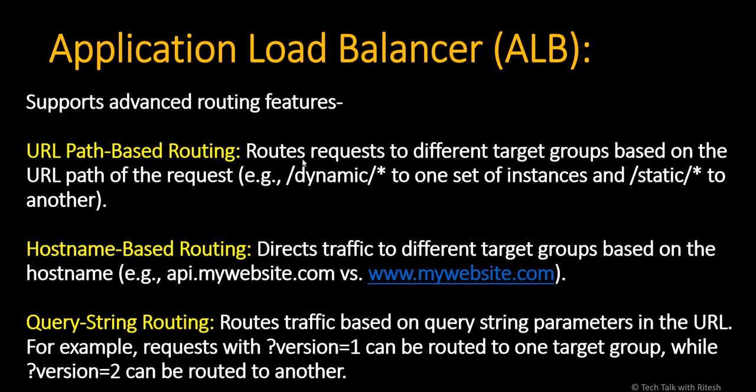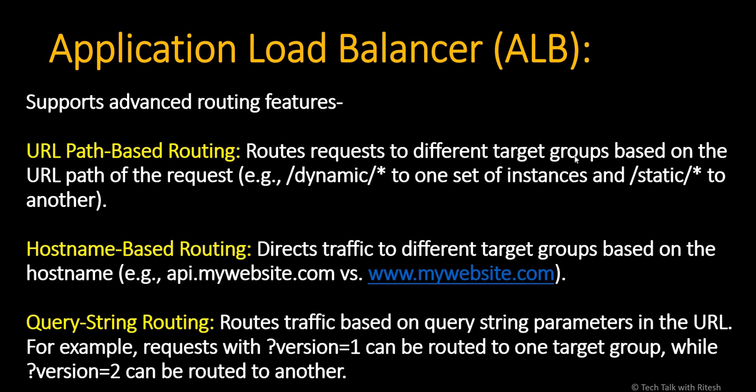So URL path based routing routes request to different target group based on the URL path of the request. For example, in my website I have two type of pages. One is the dynamic pages and static pages. Dynamic pages where I have API integration, some dynamic information I am pulling from some third party, etc. Static page where I have just simple text, images, etc. What can I do?